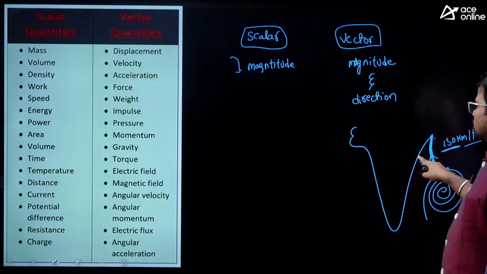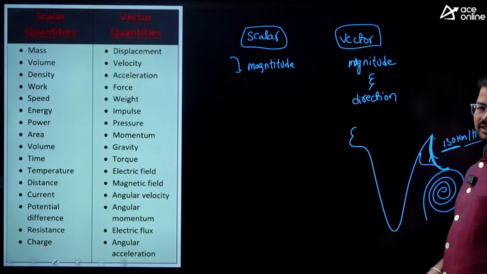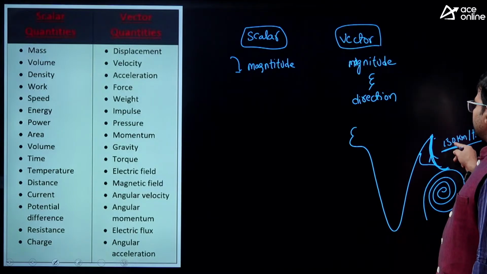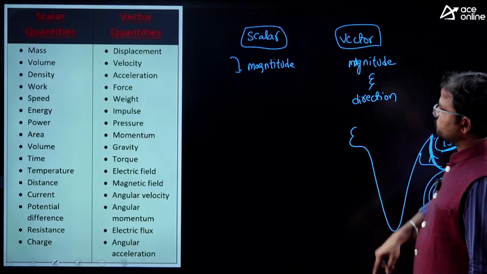If you are using both magnitude and direction, it is considered a vector quantity.